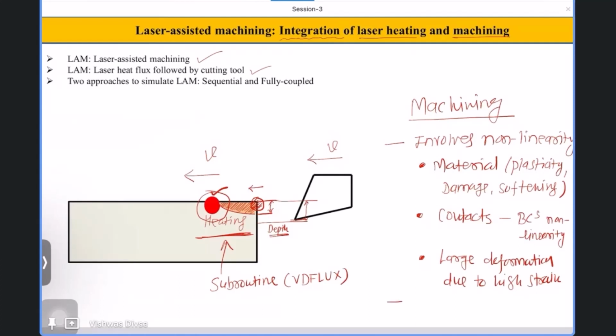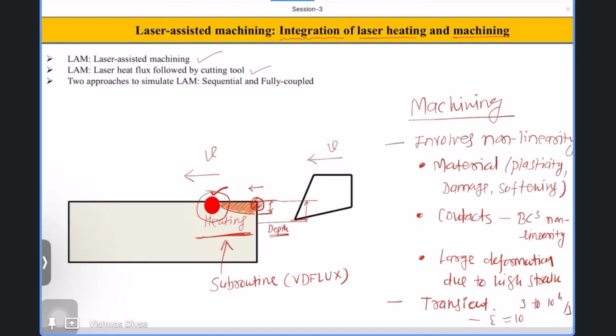Apart from this, it is a transient simulation. Both heat distribution as well as the strain rate effect are involved. At what velocity will our cutting tool move? What is the strain rate? I already talked in the last class about 10 to the power 3 to 10 to the power 4 per second.